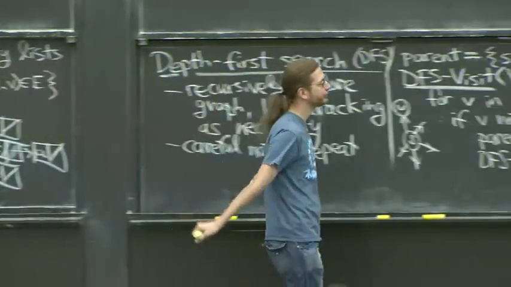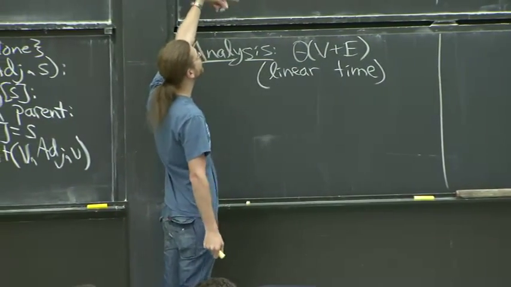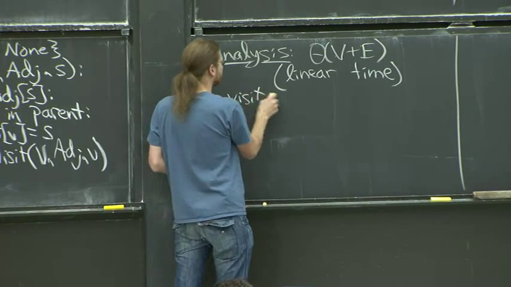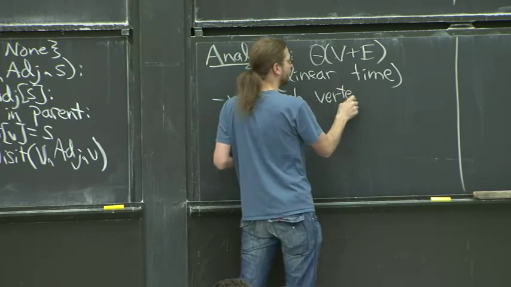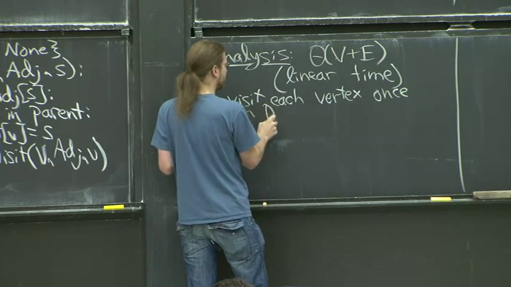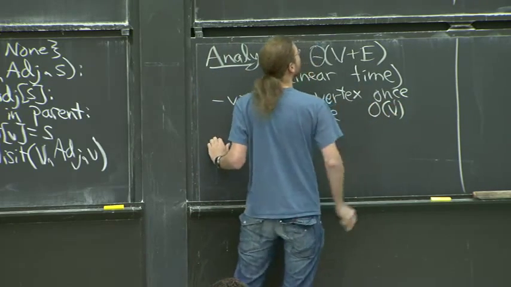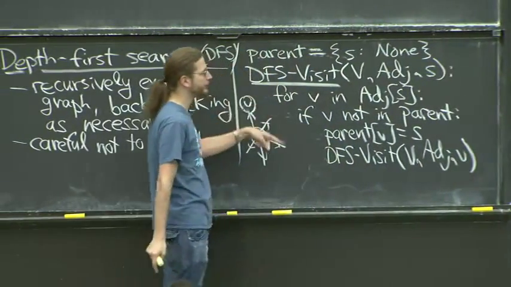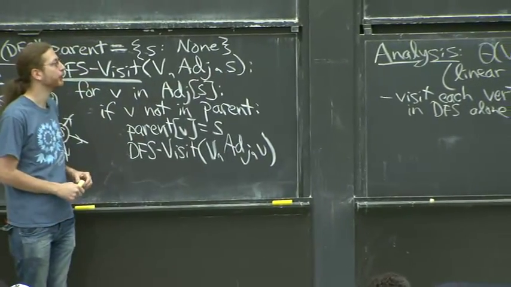The reason it's order V plus E is, well, first, as you're saying, you're visiting every vertex once in this outer loop, not worrying about the recursion, in DFS alone. So that's order V. Then we have to worry about this recursion. But we know that whenever we call DFS visit on a vertex, it did not have a parent before.